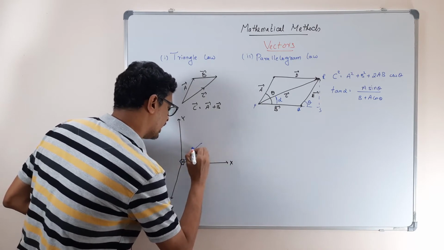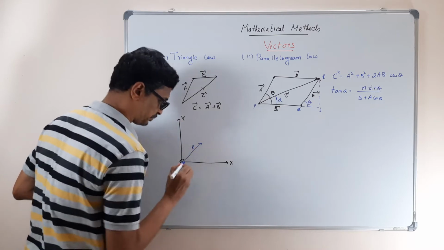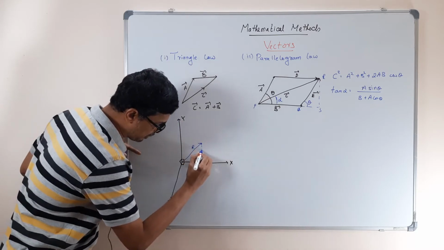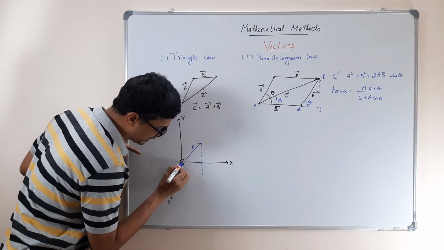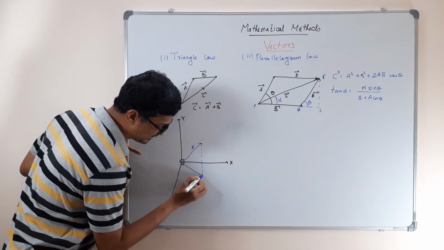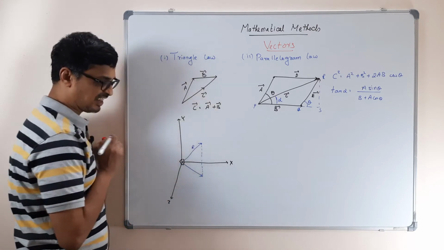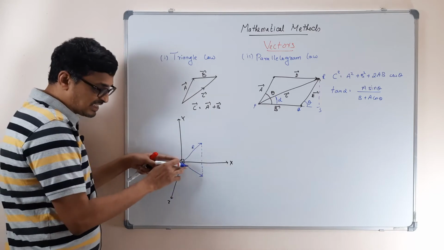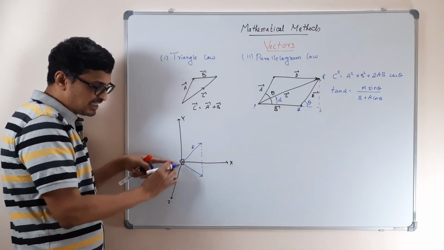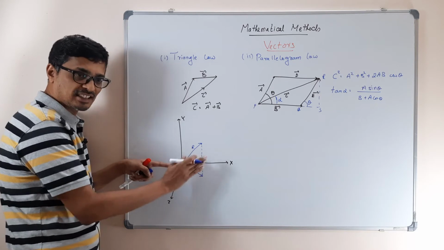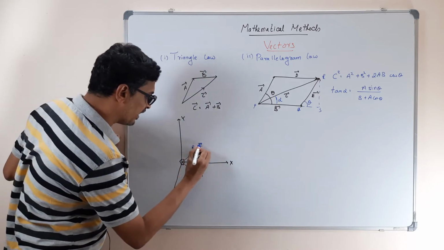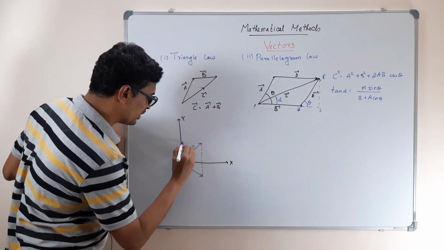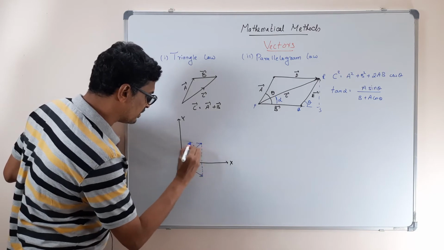So this is the r vector. It will have a component. If I take the projection, it is going to fall like this. This is the shadow of the vector on this zx plane, and there will be one more component along this one.